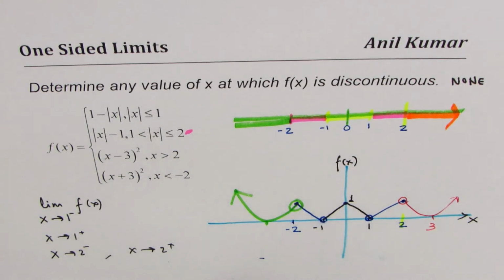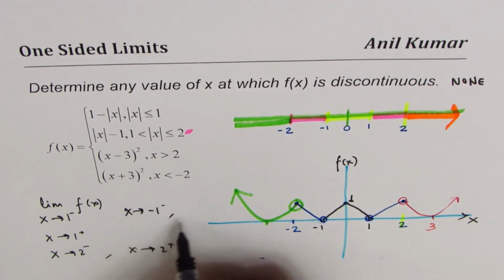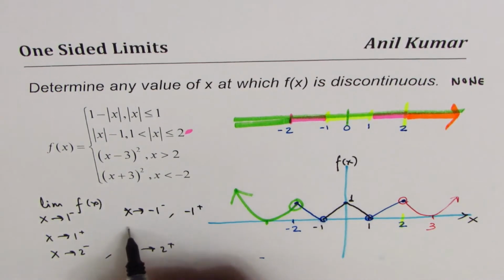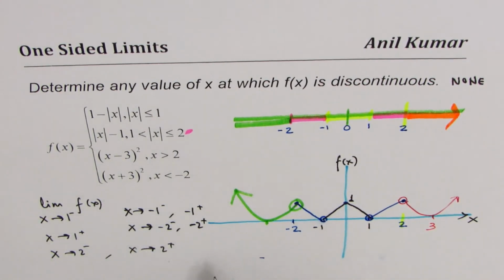The same things you have to do for x approaches minus 1 from the left and right, and minus 2 from the left and right. That way you could do it with one-sided limits, but in such questions, sketching is a better way of doing it. That's why I went into details of sketching such a piecewise function.